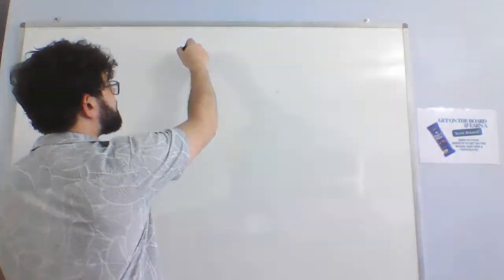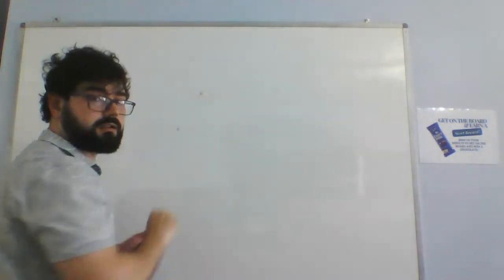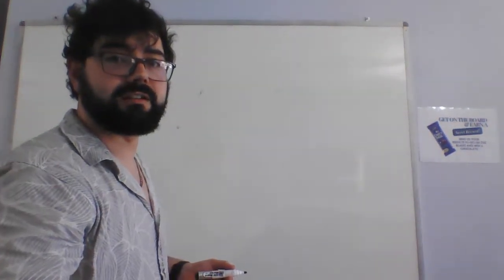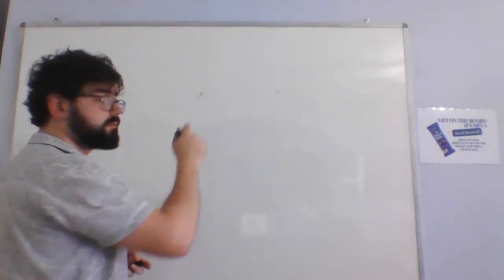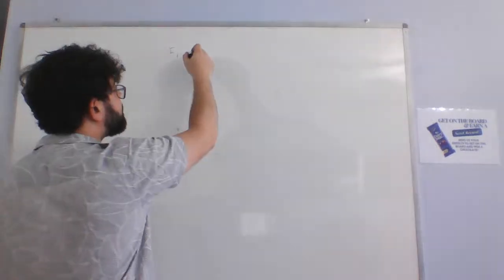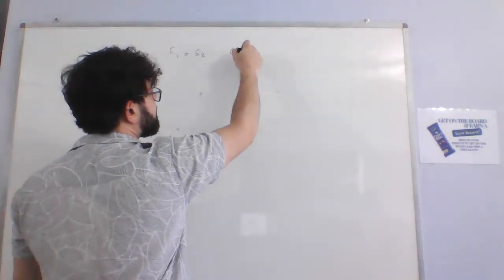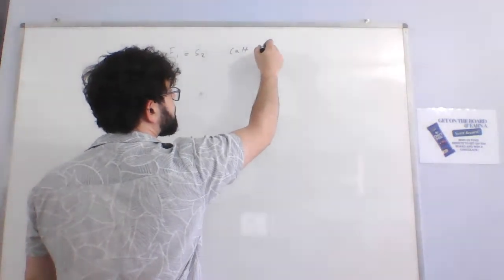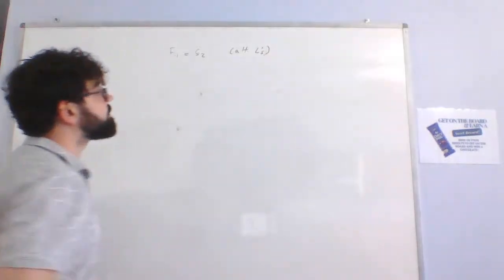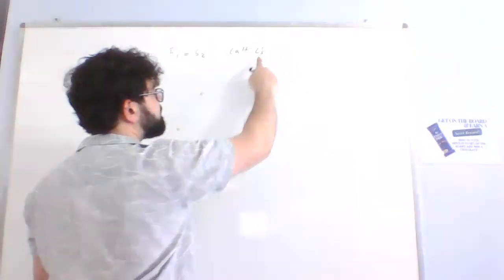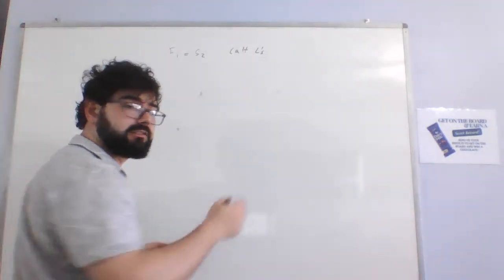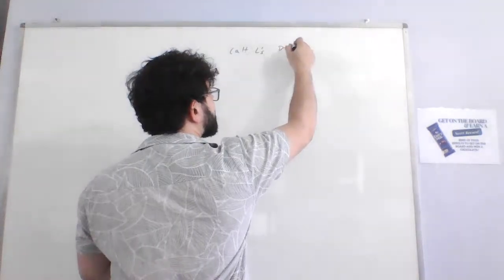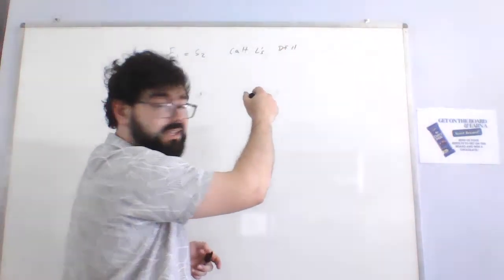So we said that F1 is equal to S2, and that's alternate angles. Right, we've got the Z shape there. And when you list alternate angles, you should also mention which lines are parallel. So it's DF parallel to SG.